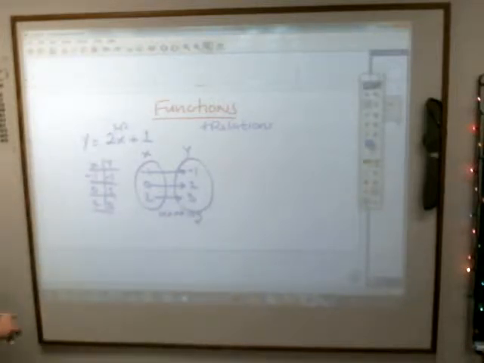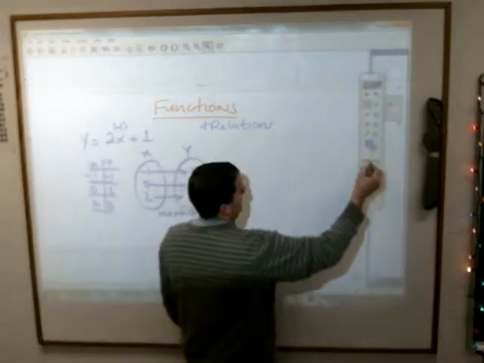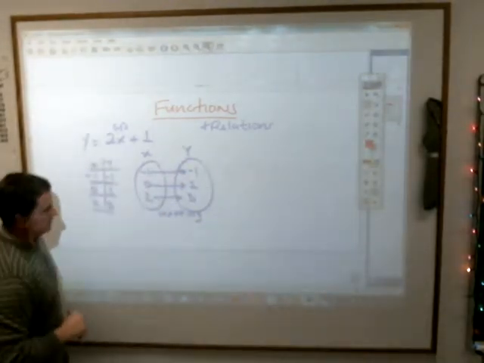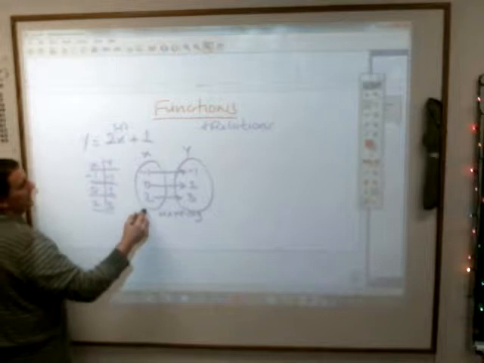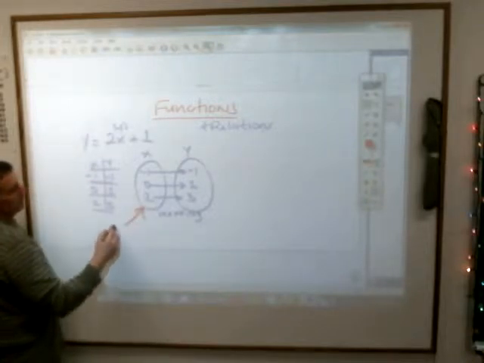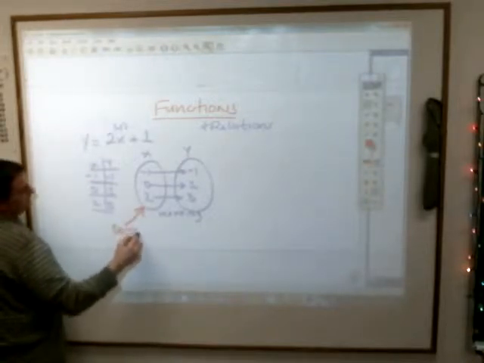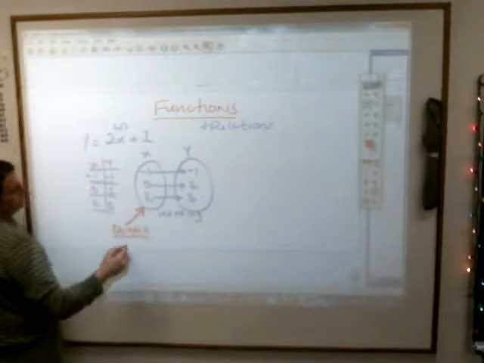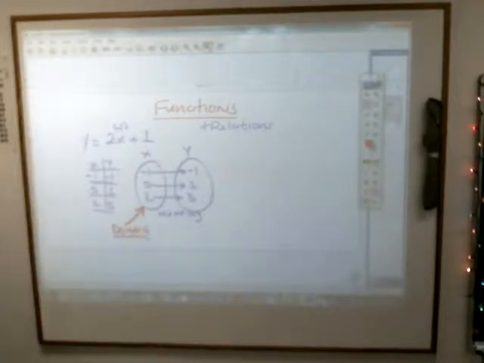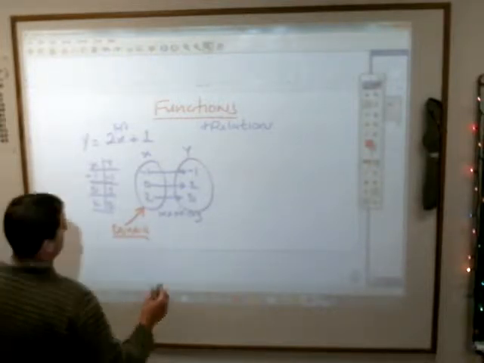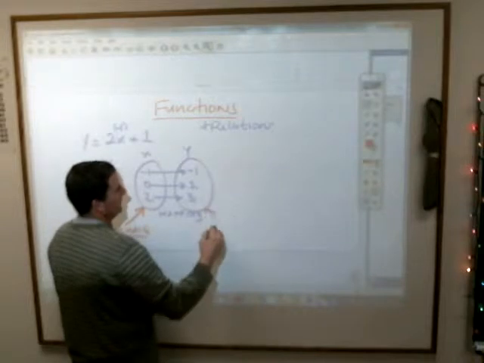A lot of times, instead of calling them x and y values, they will call the x part the domain. This is all just terminology that you have to get used to. What it really means, I don't know. And the y values are the range.